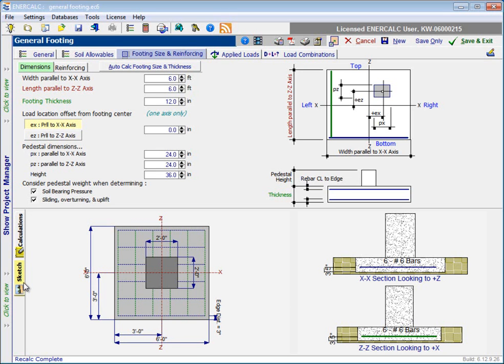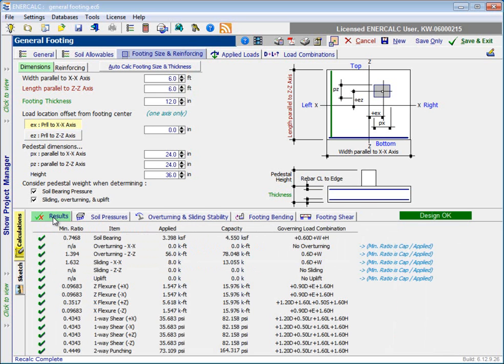The last thing that we'll do is we'll take a look at improving the design to try to get an efficient design and one where we are assured that all of the checks pass here on the results tab.